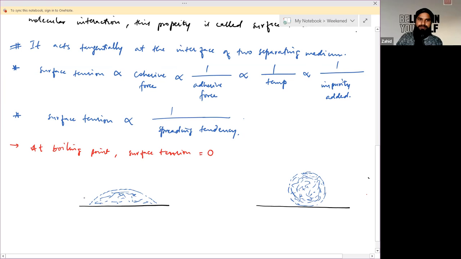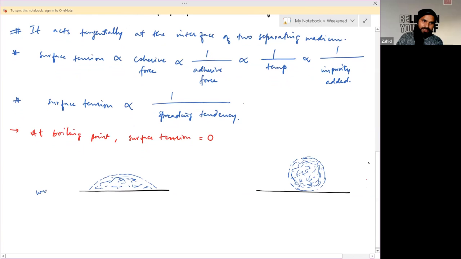But for water molecules, adhesive force is stronger as compared to cohesive force, so it spreads out. In another way, you can say surface tension in water is smaller. That's why it has a tendency to spread out over that particular surface. But for mercury, surface tension is large enough that it remains coagulated in spherical shape. Is it clear?